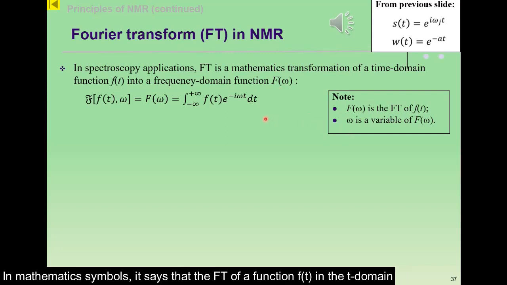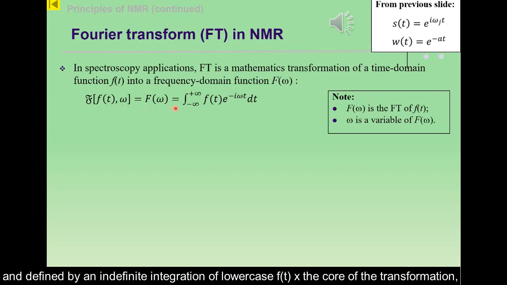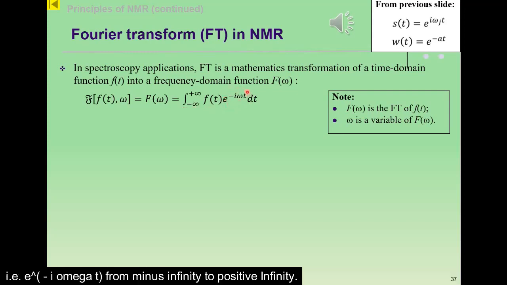In mathematical symbols, it says that the Fourier transform of a function f(t) in the t domain results in a function in the omega domain, denoted here as uppercase F(omega), and defined by an indefinite integration of lowercase f(t) times the core of the transformation, i.e. e to the power of minus i omega t, from minus infinity to positive infinity.